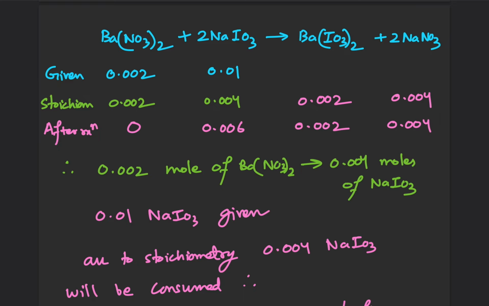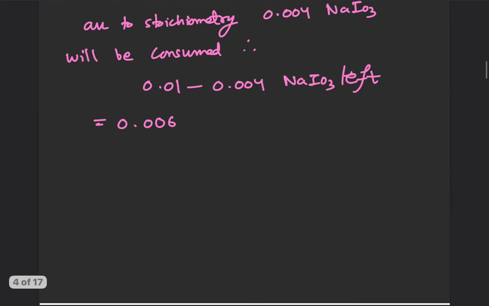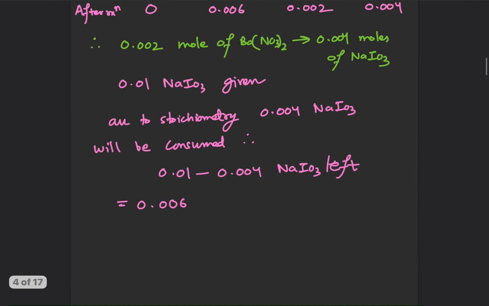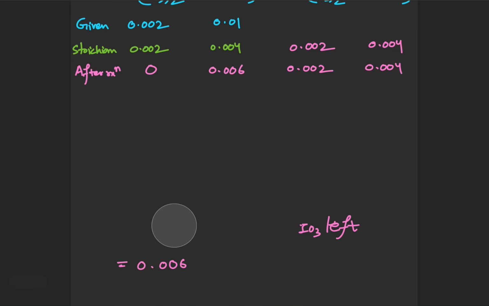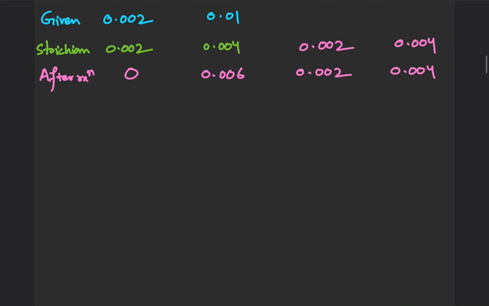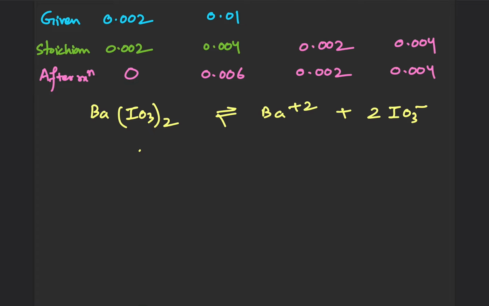Okay, cool. So rewriting our solubility equation, if you remember, so I'm erasing this. That was Ba(IO3)2 giving us Ba plus 2 and 2 IO3 minus.